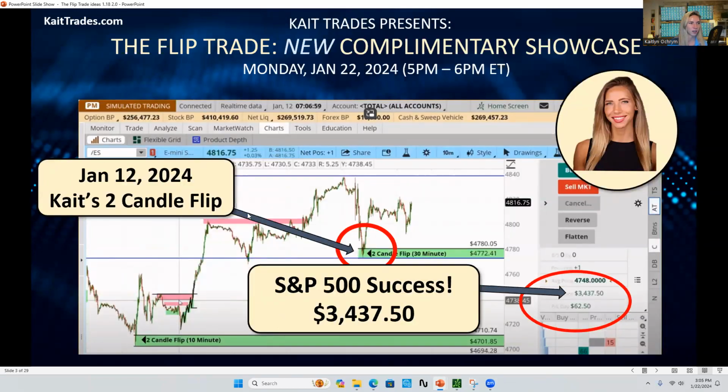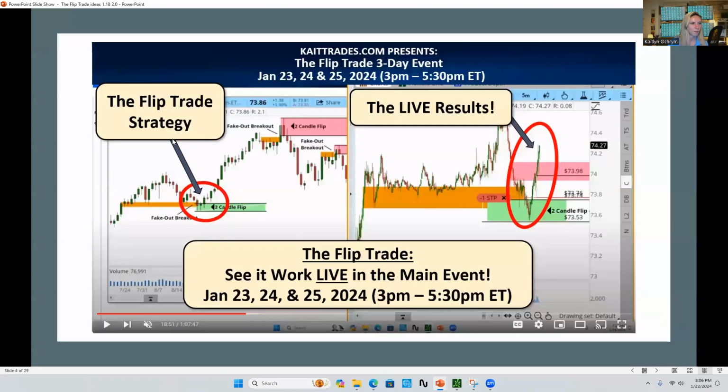Here's another one from January 12th. This one we were in for a couple days, looking for that long trade setup over 3,400 on that 2-candle flip zone. And then another one that I showed last week as we ended our session on Friday, just showing how the content I'll be teaching in the 3-day event is going to be very specific with what we look for on the price charts.